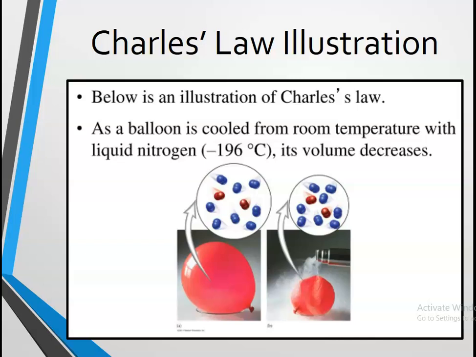You could take a balloon and a piece of string and measure the circumference of the balloon. Put it in your refrigerator for a couple of hours and take it out, and you're going to see that the balloon has gotten smaller. It's decreased in its size, which would be the volume of the balloon.